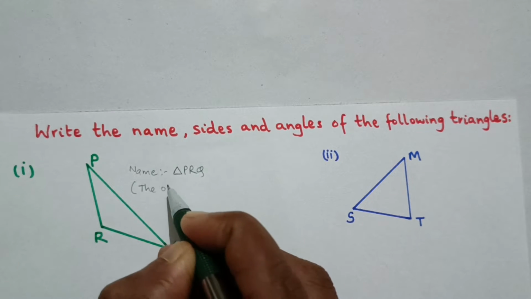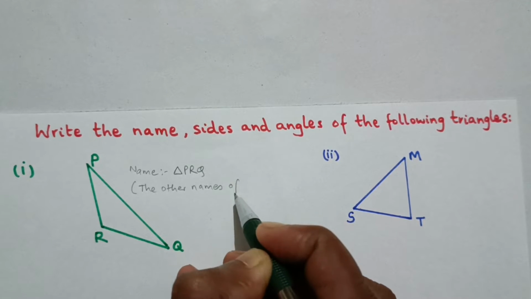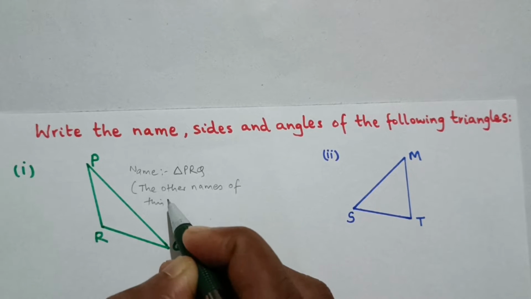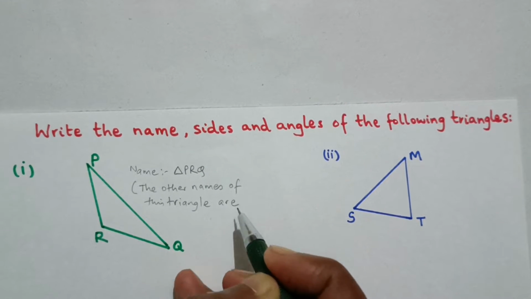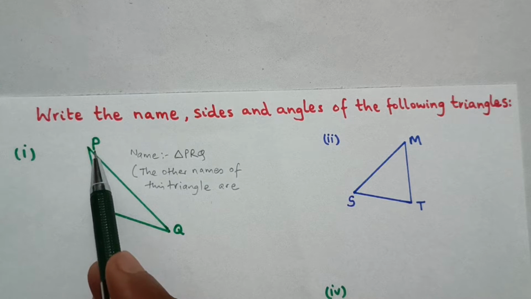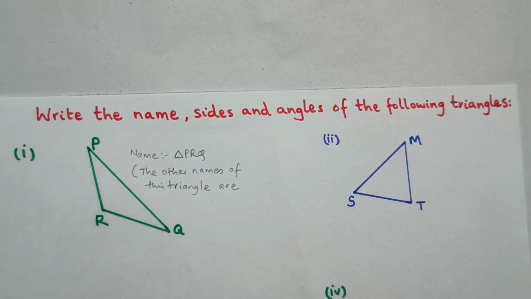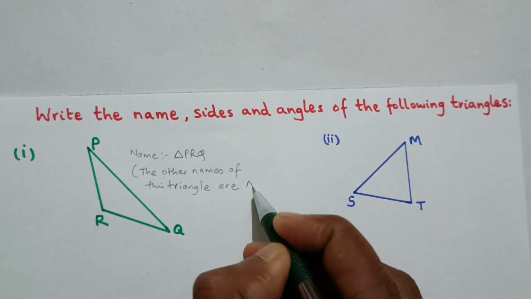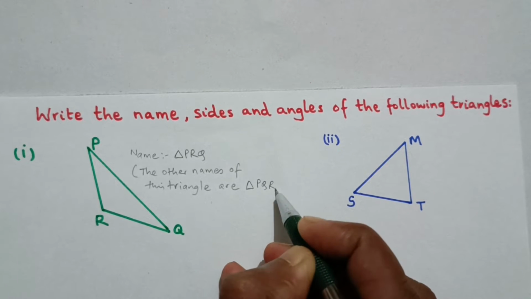The other names of this triangle are, I have called this triangle as triangle PRQ, but you can call it as triangle PQR. So that is one name of this triangle, triangle PQR.